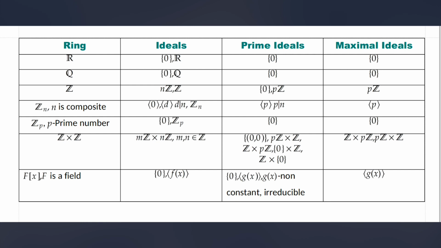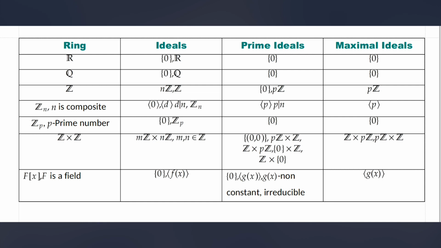For the ring Zn, where n is composite, the ideals are the ideal generated by 0 and the ideal generated by d, where d is a divisor of n, and Zn is also an ideal. For prime ideals in Zn, we have the ideal generated by p, where p divides n.